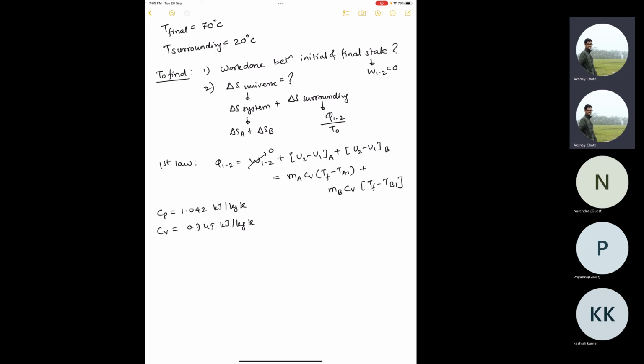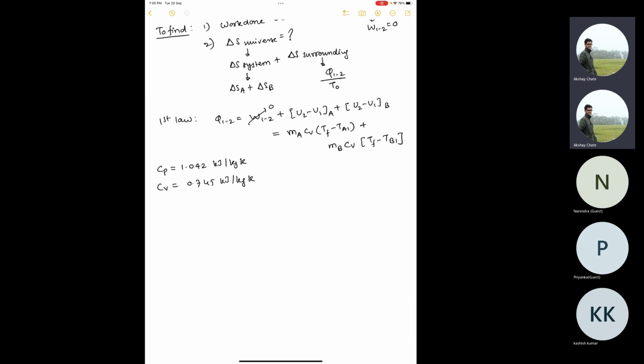So now the question is how to find MA and MB, because temperatures were given, right? So these are known, Cv is given, MA and MB are unknown, right? So how to find them? That is the question. Again, if you don't have any additional information in the question, you can assume it as an ideal gas. So basically, what will be the MA?